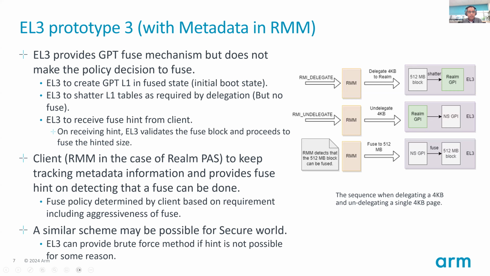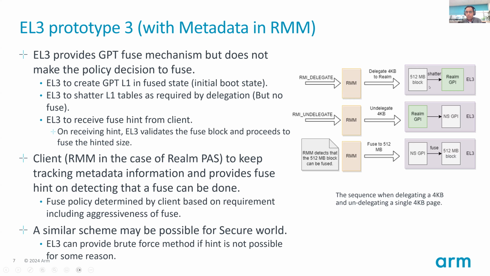EL3 then receives a fuse hint from the client, which is RMM in this case, and proceeds to fuse according to the fuse hint. The figure shows the scheme that I mentioned. Initially, EL3 starts with a 512 MB fused state block, and we receive a delegate request.